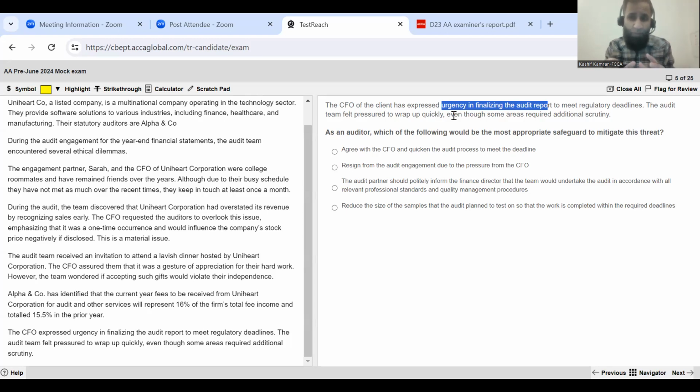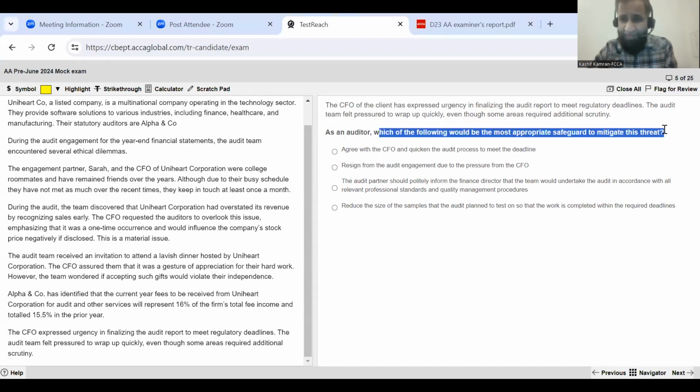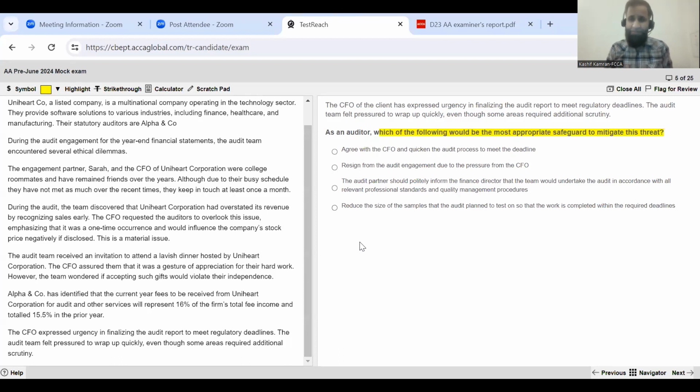So the CFO just wants to pressurize you here, right? So as an auditor, which of the following would be the most appropriate safeguard to mitigate this threat? Yes, he's trying to intimidate you, right? So which of the following is the most appropriate safeguard when the CFO is trying to pressurize you as an auditor? A, B, C, D.